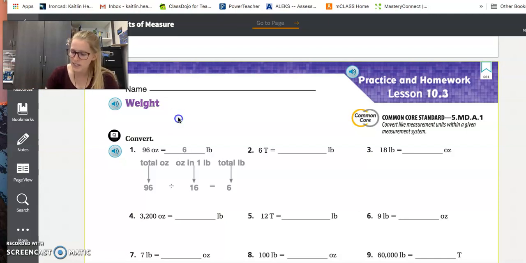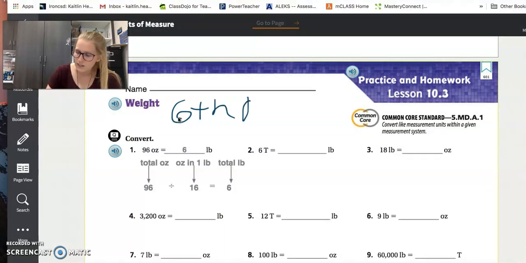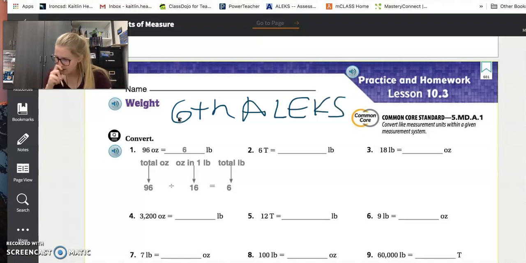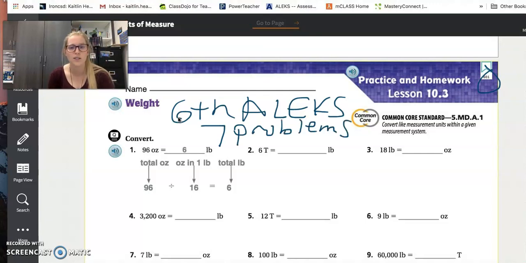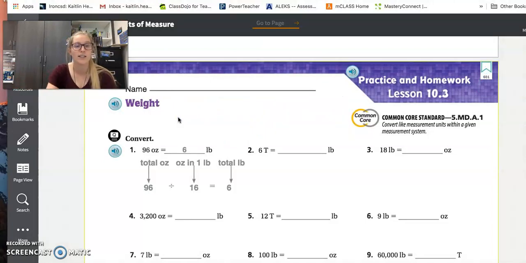If you are in 6th grade, Alex, I want you to come to this page, which is page 601, and I want you to do at least 7 problems. You can choose the 7 that you want to do, and that is your assignment for today, and to memorize those conversions. All right?